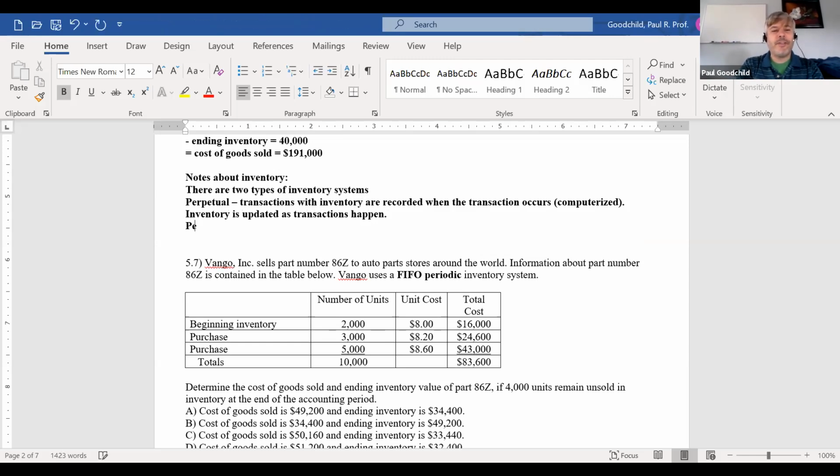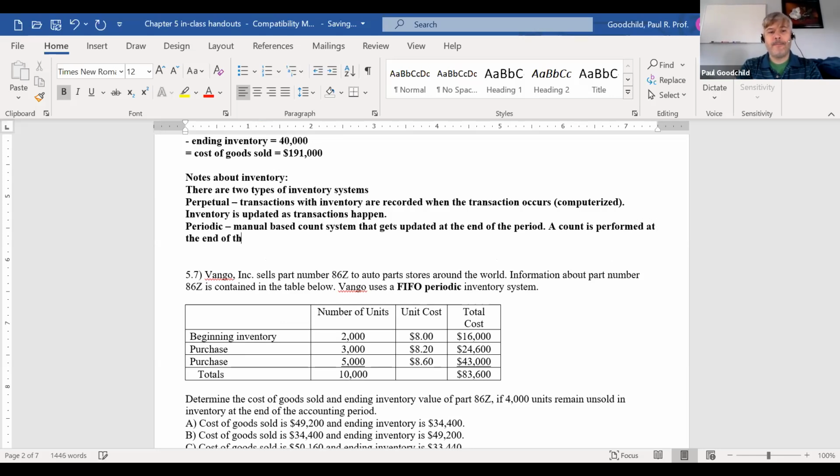All right, and then there's periodic. And this is a more manual-based count system that gets updated at the end of the period. And so essentially, a count is performed at the end of the period to report the inventory.